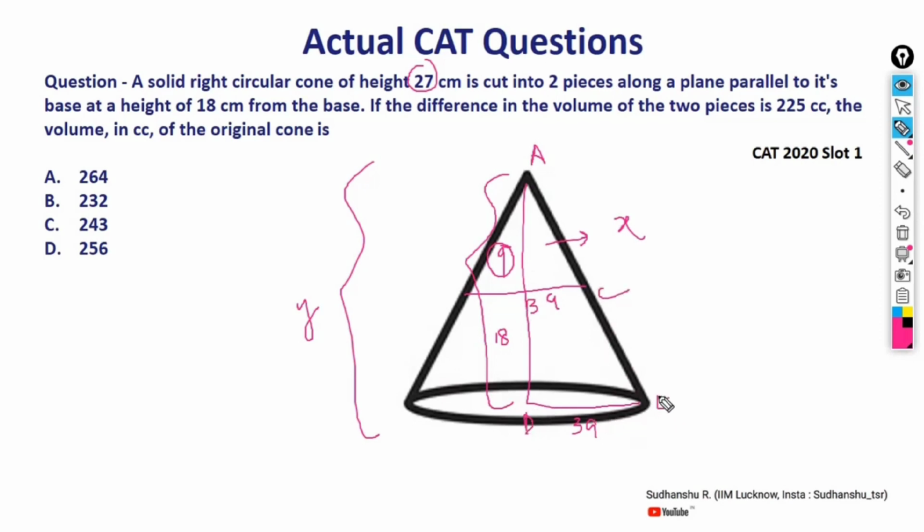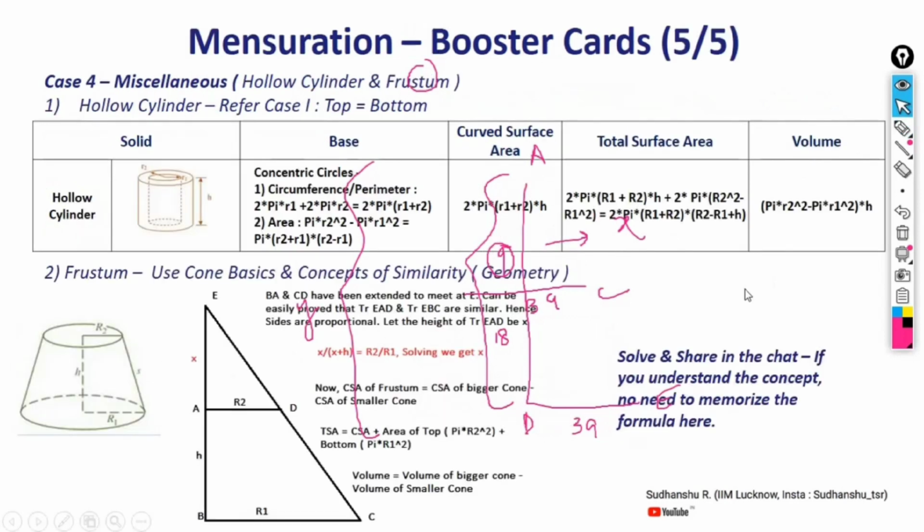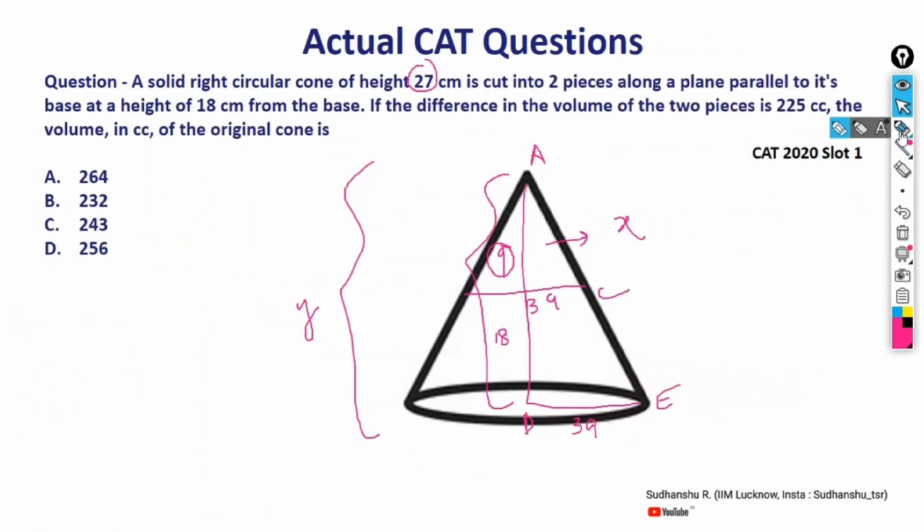This is the exact same thing which I was talking about in the last concept. You see the frustum here, right? So just apply this concept. Triangle ABC and triangle ADE are similar. So therefore their sides will be proportional. So AB upon AD will be the same as BC upon DE. Therefore this radius, if this is A, this will be 3A.